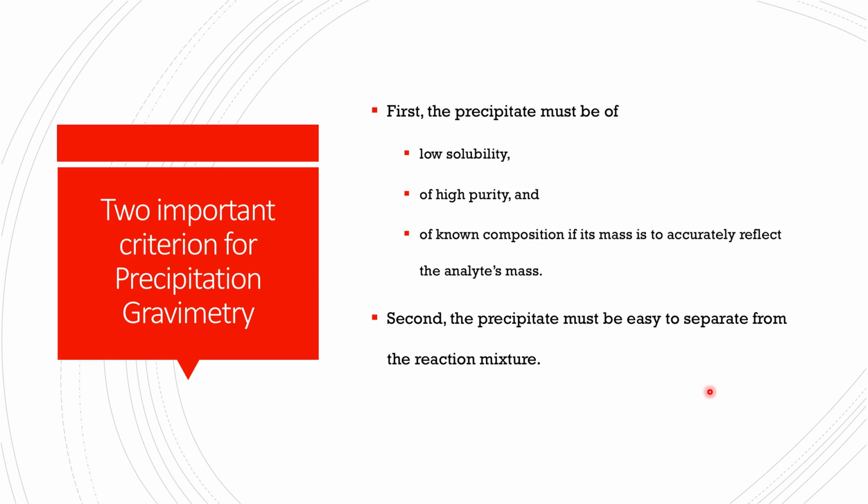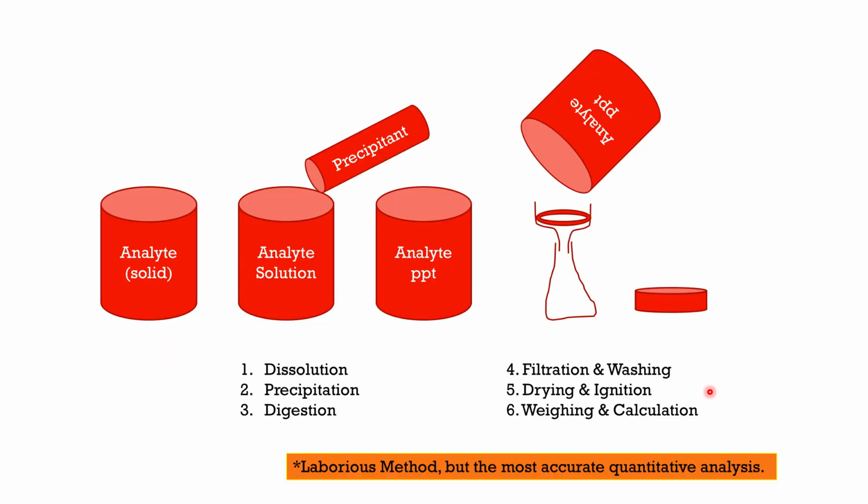So precipitation gravimetry is based on two important criteria that we need to keep in mind, because as we have seen, here basically what we do is completely convert an analyte into a precipitate. So this precipitate is very, very important in the case of precipitation gravimetry.